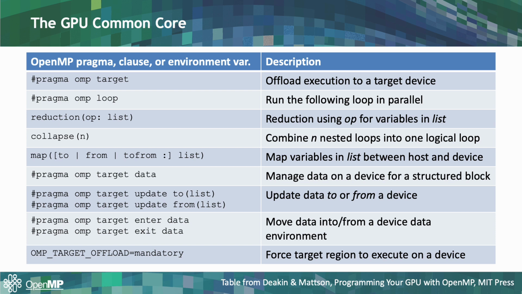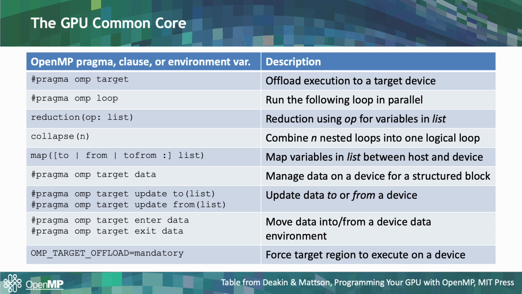With just the directives here, you're able to get good performance in a lot of cases and make full use of the parallelism on GPUs, and deal with the complexities of having a discrete memory space, so you can copy data between the host and the device at convenient times that don't slow down your application.